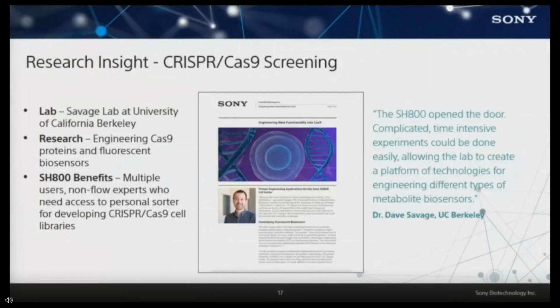A little bit more about CRISPR-Cas9. A lab that is successful with the SH800 hails from the University of California, Berkeley, the Savage Lab. And again, they're engineering Cas9 proteins and fluorescent biosensors. The benefits they feel are that they can have multiple users up and running and fully trained on this system quite easily.